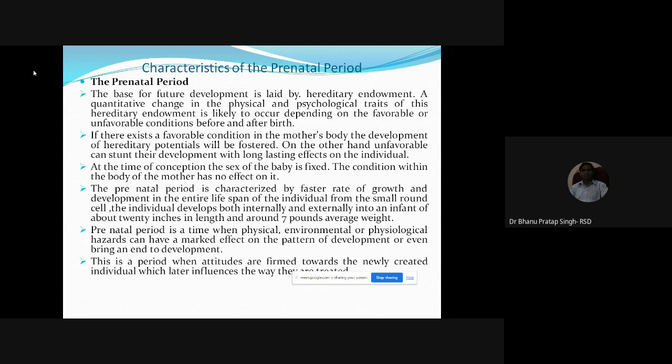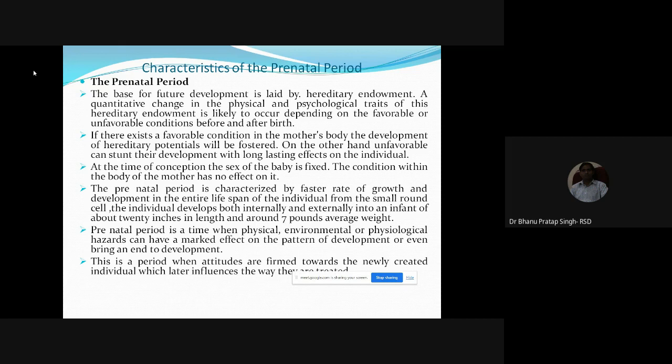The prenatal period is characterized by a faster rate of growth and development than at any other time in the entire lifespan of the individual. This age is known as the period of the fastest growth and development, which never occurs again in the whole life of the individual.